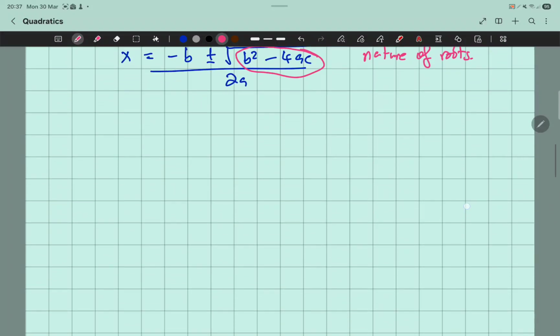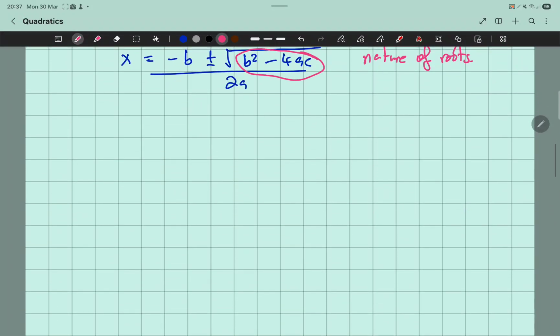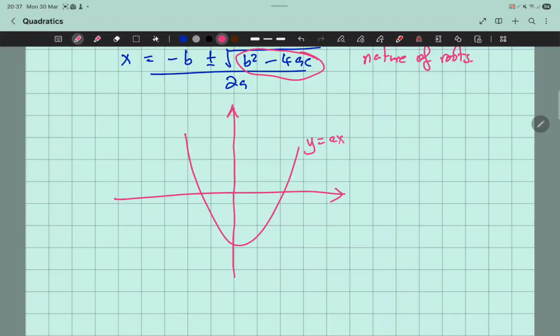So what is a root? A root is a point where the graph, the quadratic curve we draw, intersects the x-axis. For example, here let me draw a graph, y equal to ax squared plus bx plus c. This is our x-axis, this is our y.